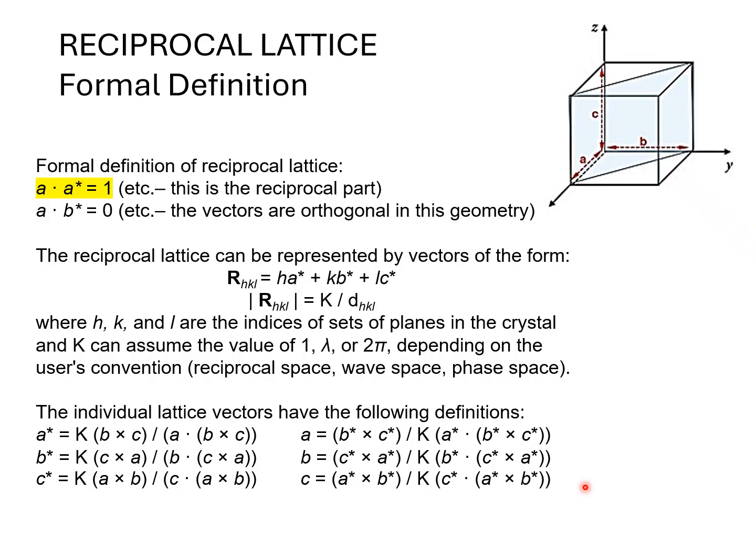The most important thing I want you to appreciate is that if we have a vector in real space which defines the unit cell, let's say the A axis, and we take the dot product with A star, which is the reciprocal space vector corresponding to the plane which is perpendicular, the Miller indices corresponding with A, 1 0 0 for instance, the result is always 1.